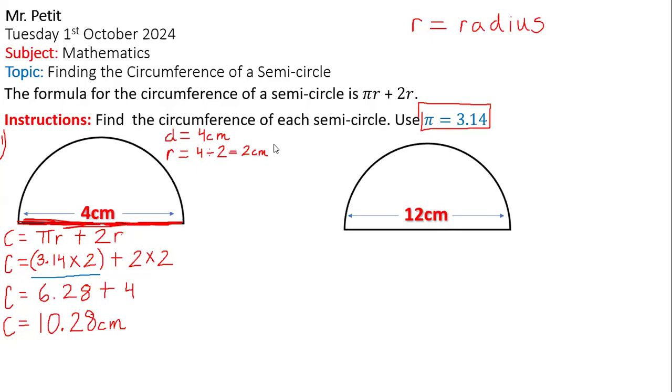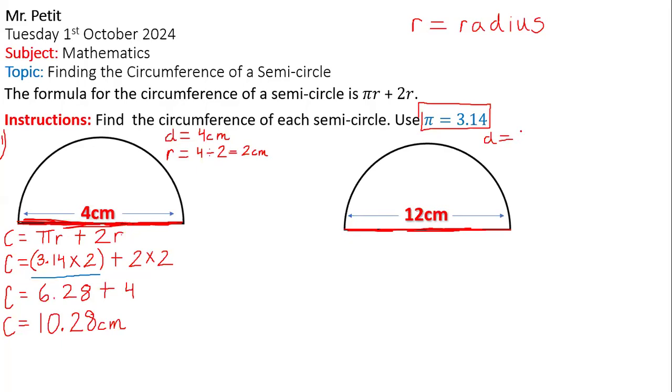Okay, let's go ahead and do it together. Paris, this 12 covers this whole line segment here, right? Yes, sir. What do we call this 12? Is it the diameter or the radius?